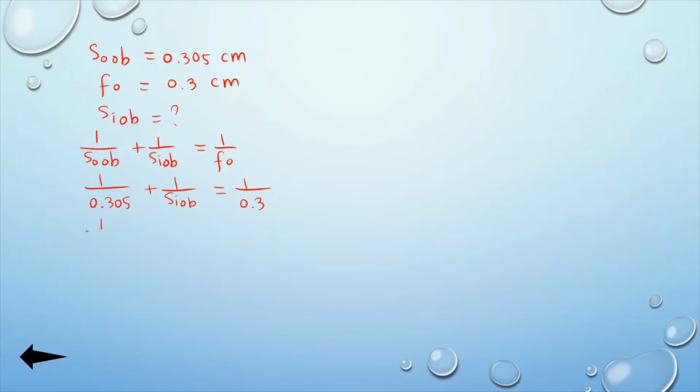We get 1 over SIOB equals 1 over 0.3 minus 1 over 0.305.